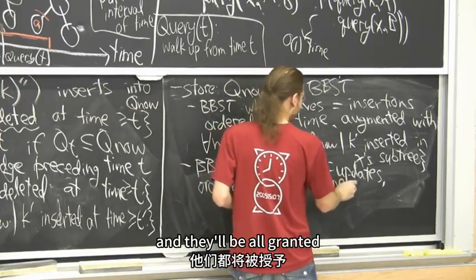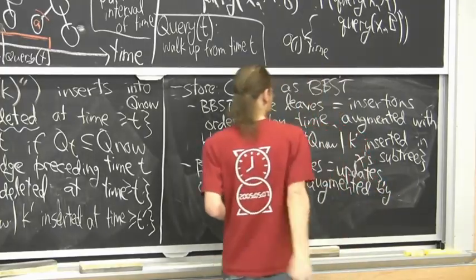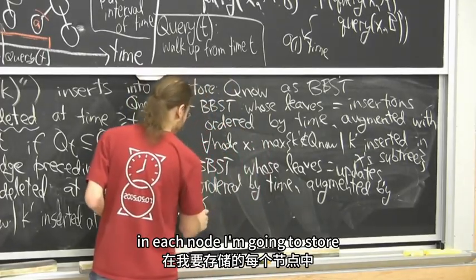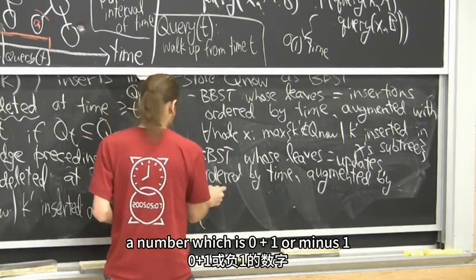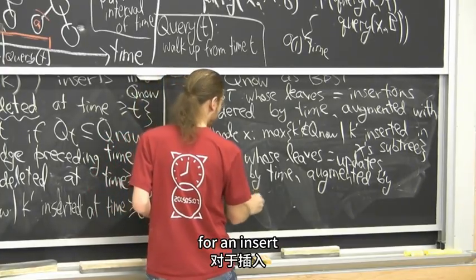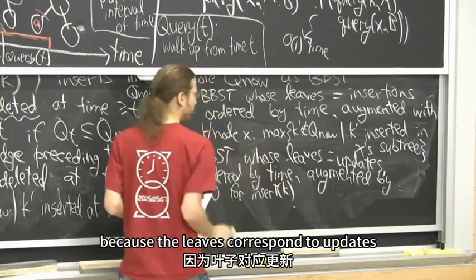And they'll be augmented. In each node, I'm going to store a number, which is 0, +1, or -1. It's going to be 0 for an insert. This is at the leaf level, because the leaves correspond to updates.